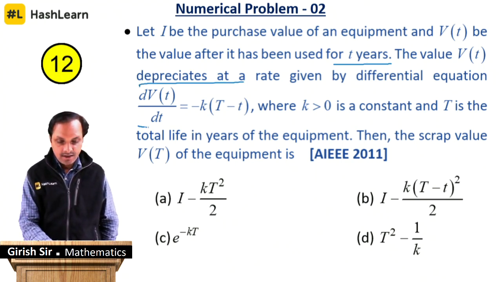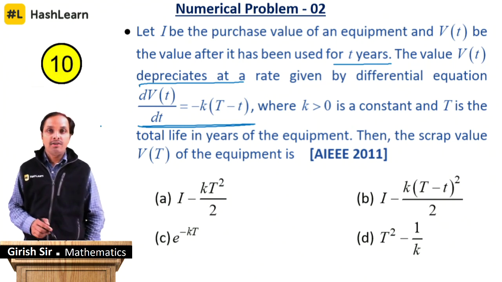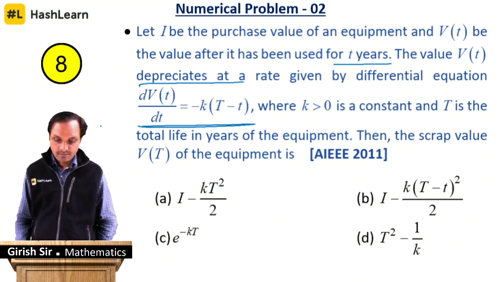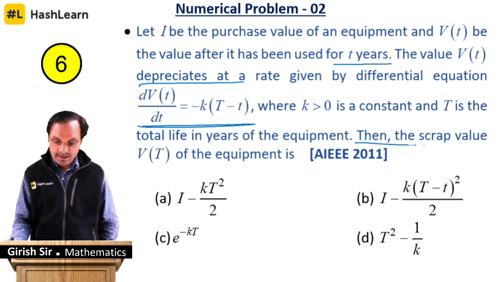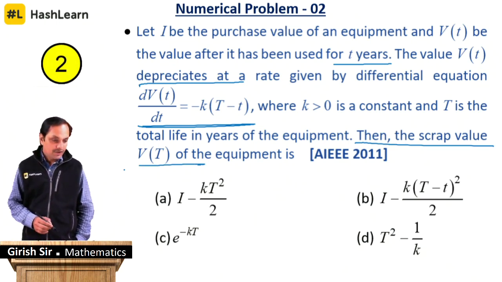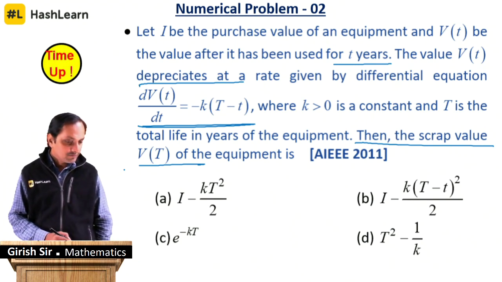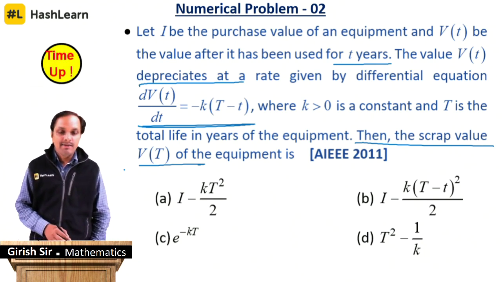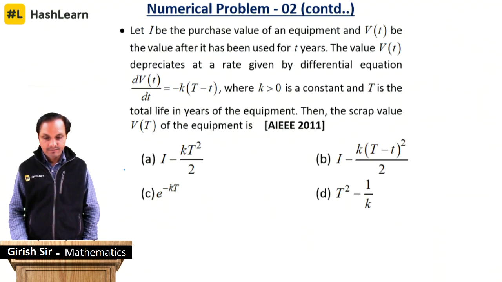You know, there is a differential equation. The scrap value VT of the equipment is asking VT. Okay, Himanshu, your time is up and let's see how to do this one now.